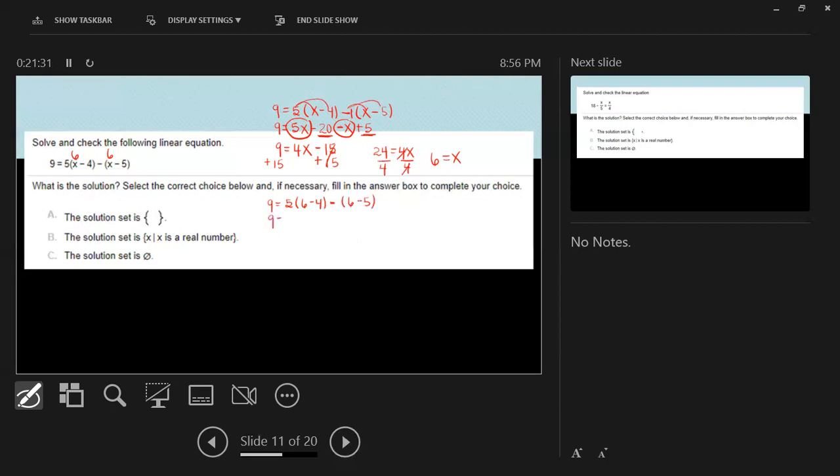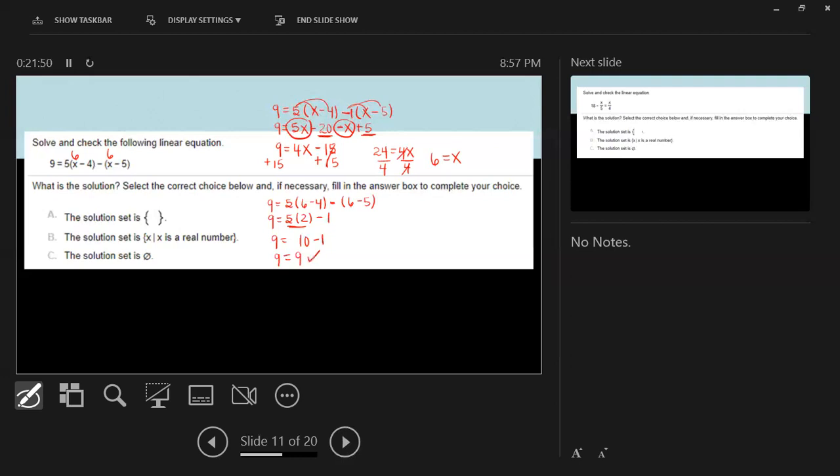All right, so that's 9 is equal to 6 subtract 4 will give you 2. So 5 times 2. Subtract 6 subtract 5 is 1. So 5 times 2 is 10 subtract 1. So 9 is equal to 10 subtract 1 is 9.